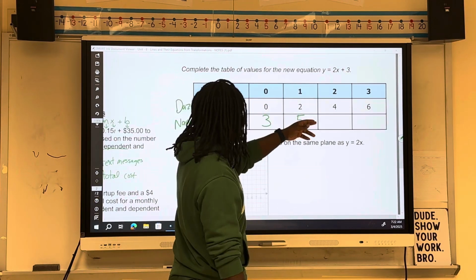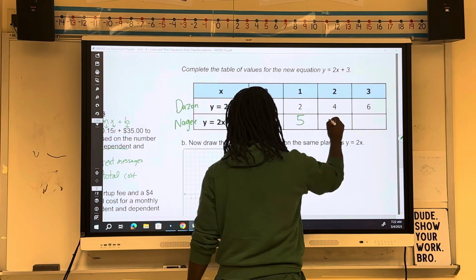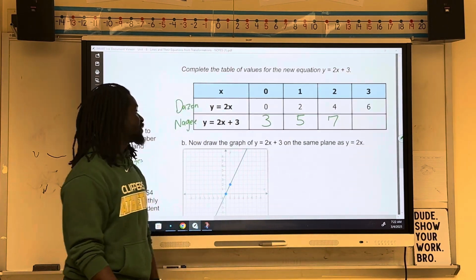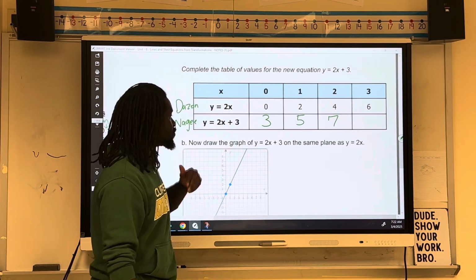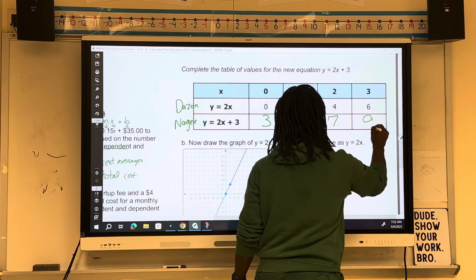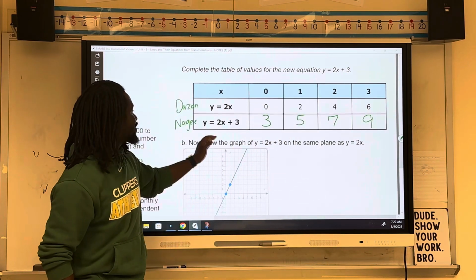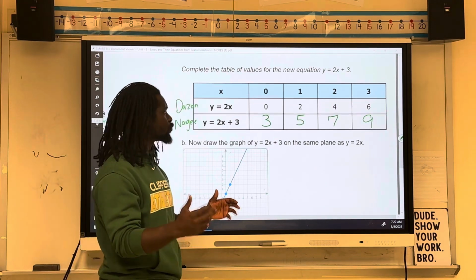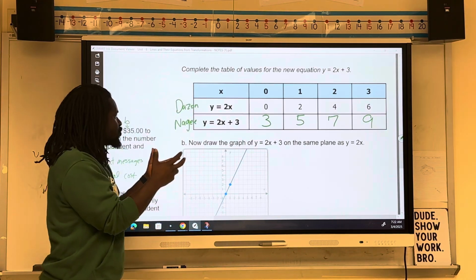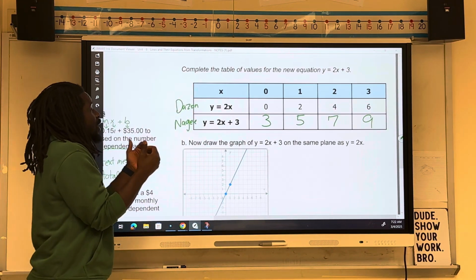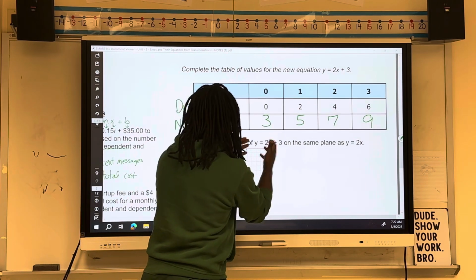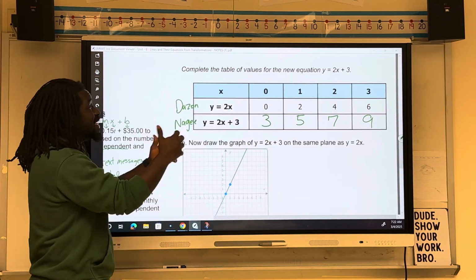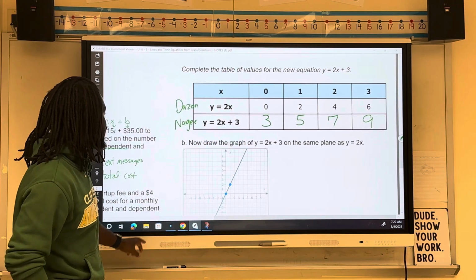I have 4 after day 2, but I also had 3 to begin, so that is 7, and then 3 times 2 is 6, plus 3, and that is 9. Okay, so this third row of our table shows what the points are going to be for Najee when he already starts with 3 Blair bucks.